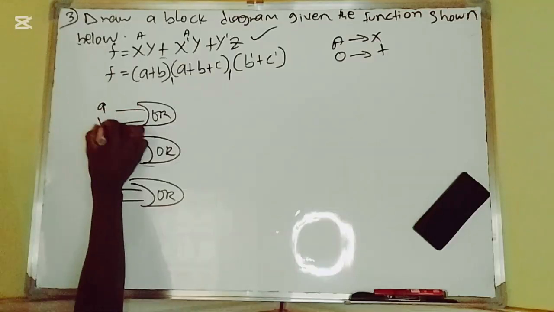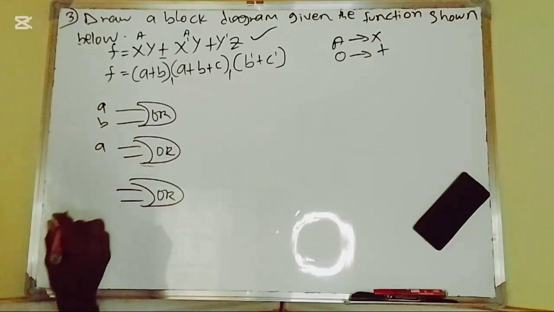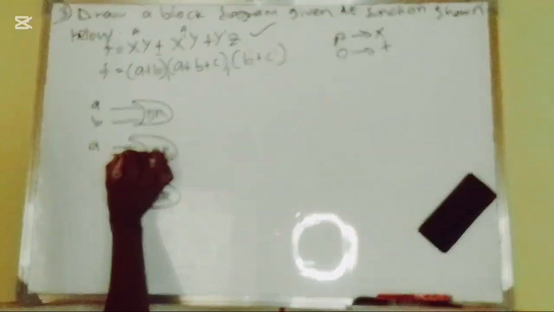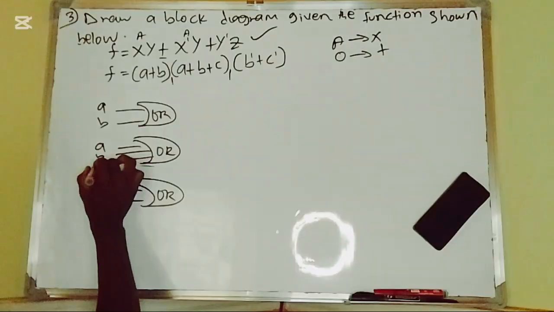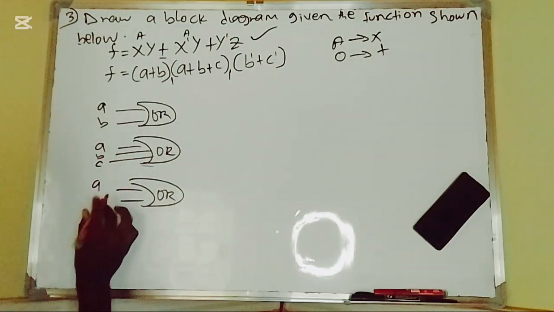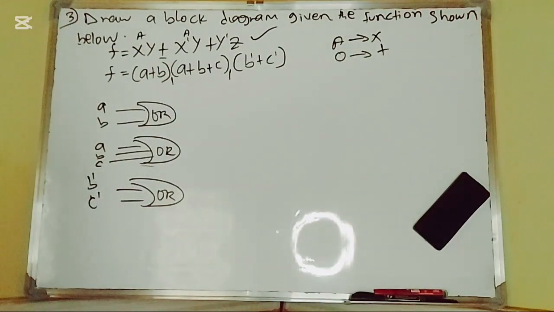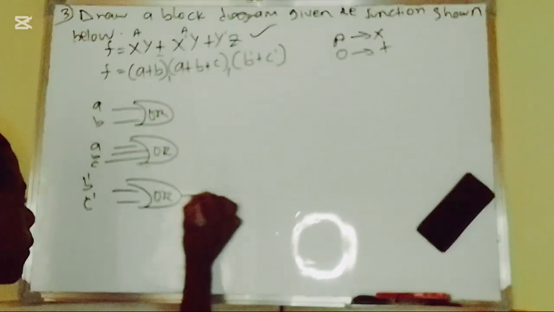I have two inputs here, also two inputs here, and this is an OR gate with the inputs A and B. This one has 3 inputs: A, B, and C. And this one is B prime and C prime. So let's figure out the output.